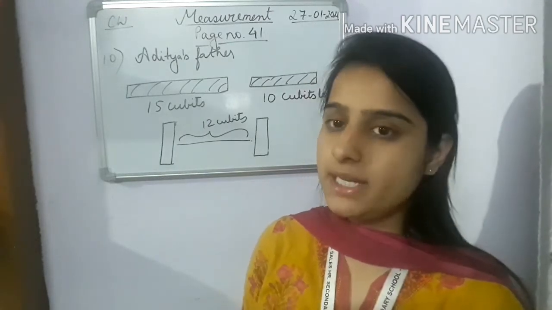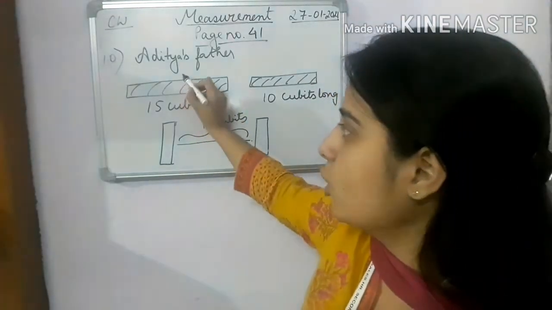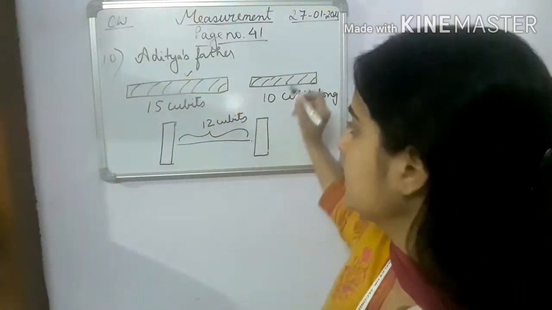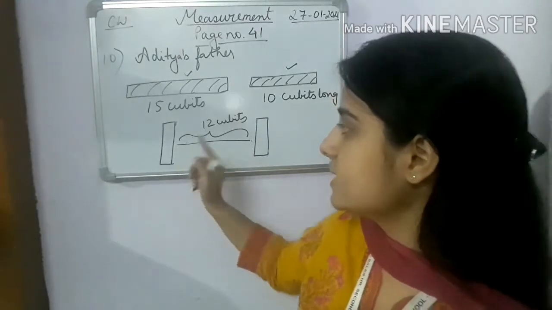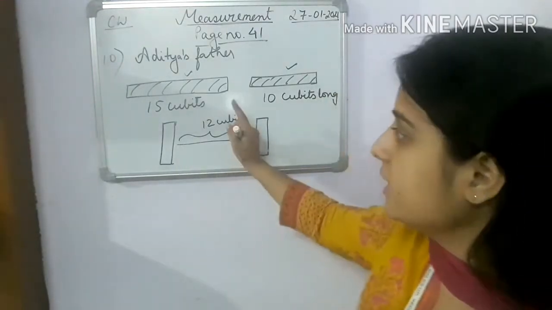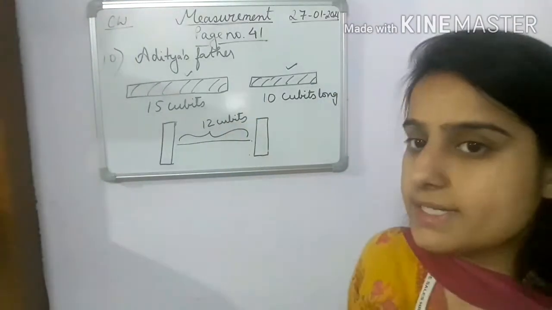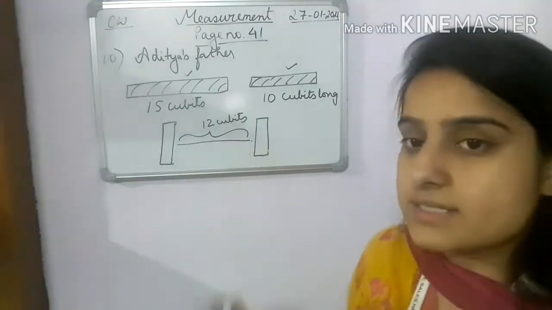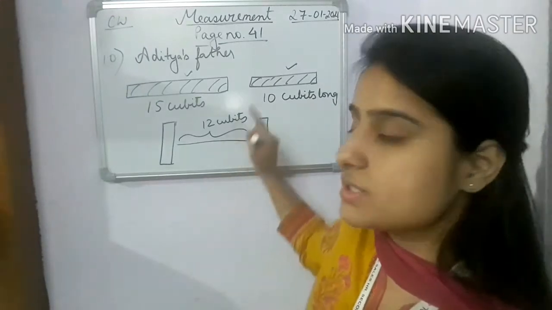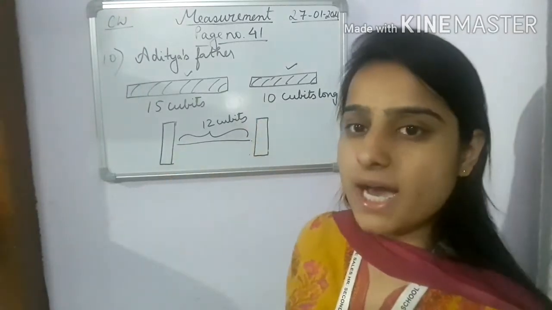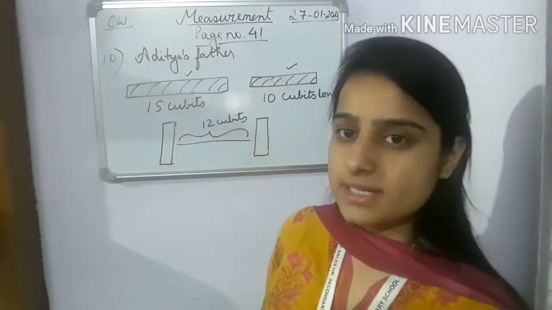He has two ropes, 15 cubits and 10 cubits, and the distance between the two poles is 12 cubits. So children, if we use 10 cubits, it is smaller than the distance, isn't it? So if Aditya's father chooses this, he won't be able to tie it to the pillars, isn't it?